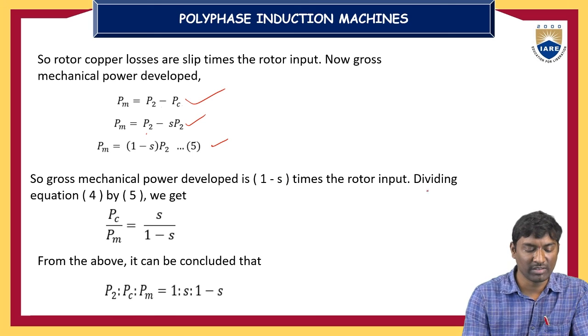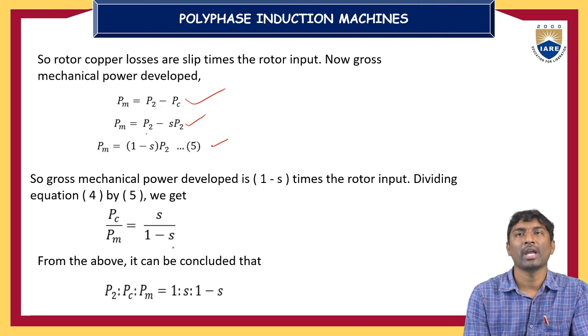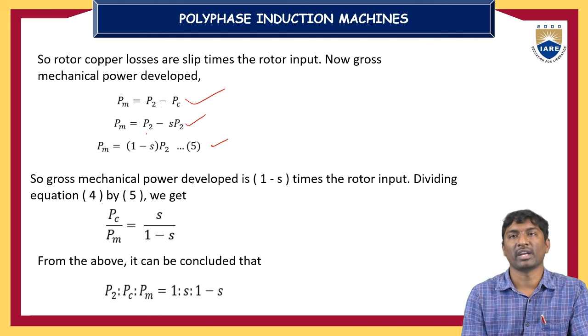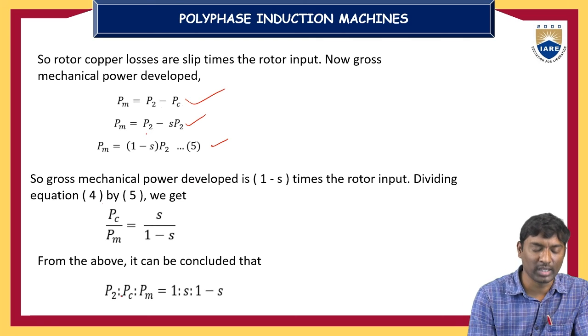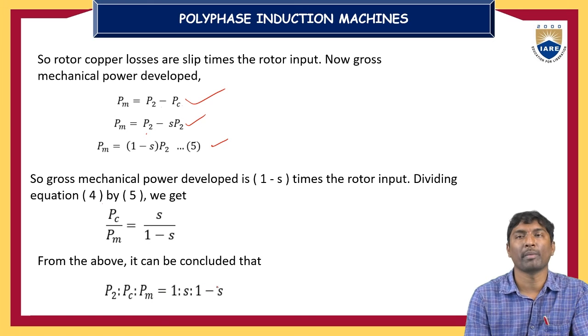Dividing the fourth equation by the fifth equation, we get Pc divided by Pm equal to S divided by (1 minus S). So from all these equations, P2 : Pc : Pm is equal to 1 : S : (1 minus S).